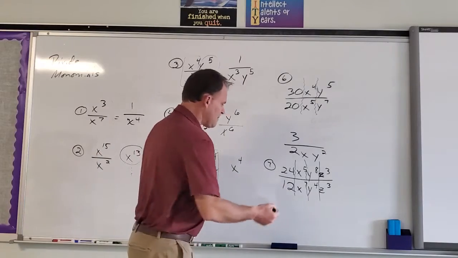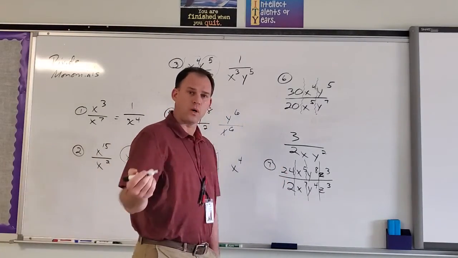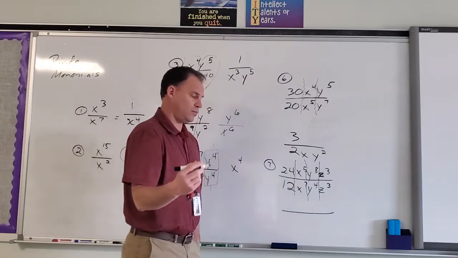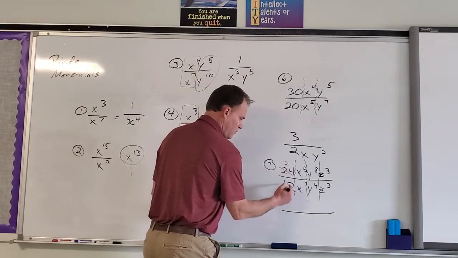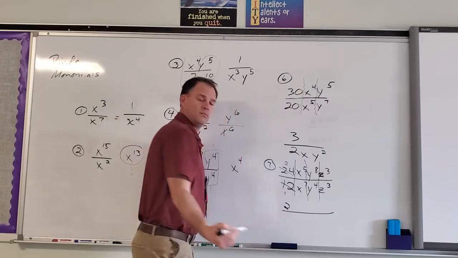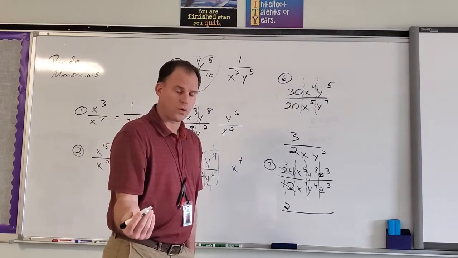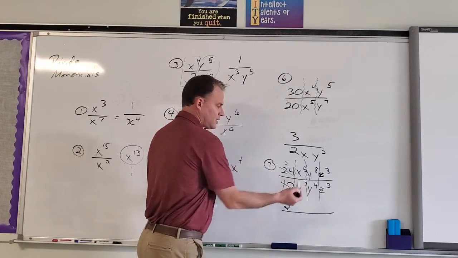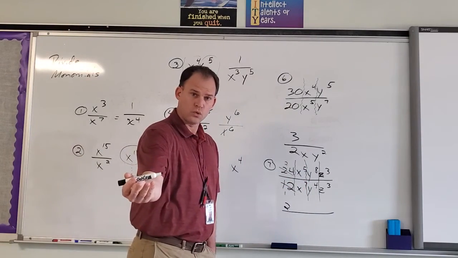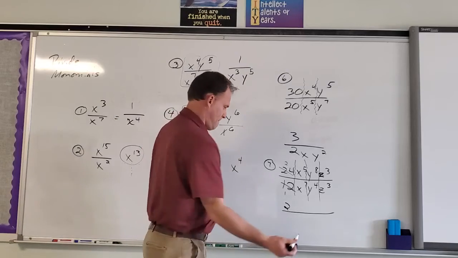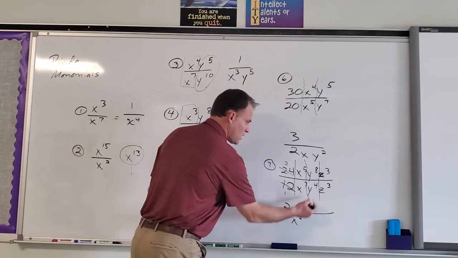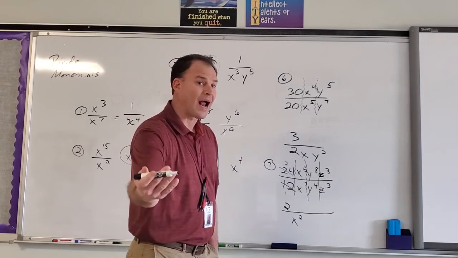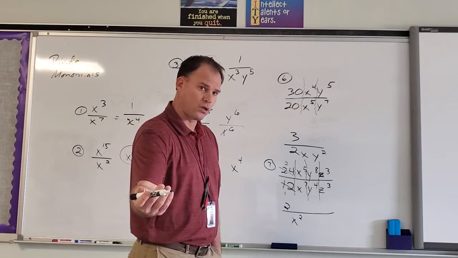Focus vertically. 24 divided by 12. 2. Is it going on top or going on bottom? Well, if I divide by 12, I get 2 over 1. Don't write the 1 unless you need it. Look at the x's. 5 on top, 7 on bottom. 2. Top or bottom? Look at the y's. 8 on top, 4 on bottom. Subtract, and you get 4, top or bottom.